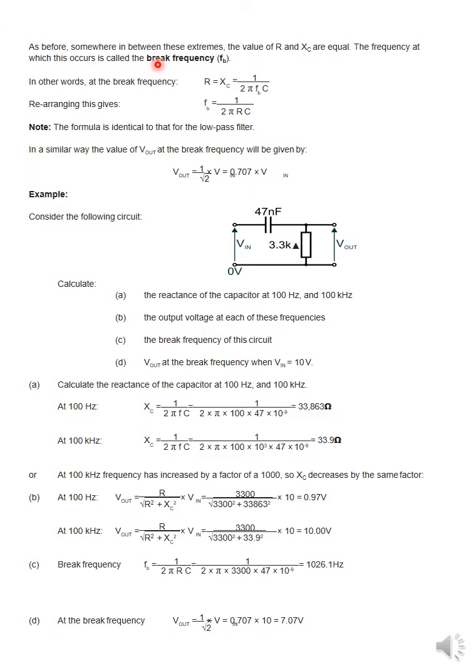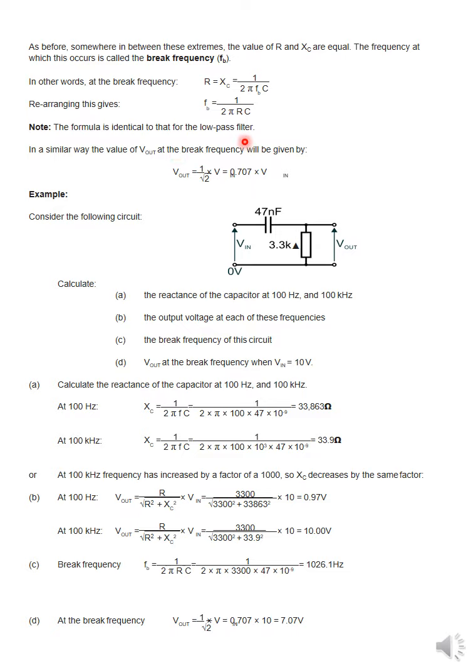In a similar way, the values of R and Xc are equal somewhere in between these extremes, and that point is called your break frequency, where R and Xc are equal. The frequency at which this occurs is called the break frequency, and you can find it as fb equals 1 upon 2 pi RC.